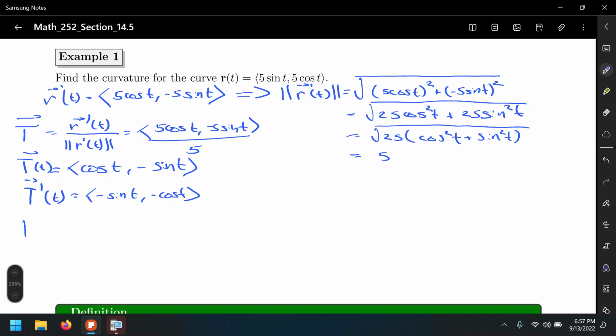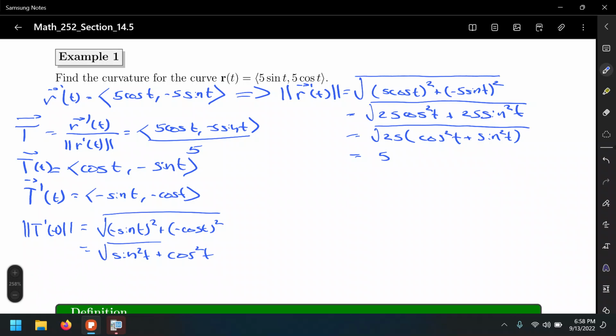So the magnitude of the derivative of the tangential will be the square root of negative sine t squared plus negative cosine t quantity squared. Well, again, surprise, this is sine squared plus cosine squared, and that's 1, and then the square root of 1 equals 1.